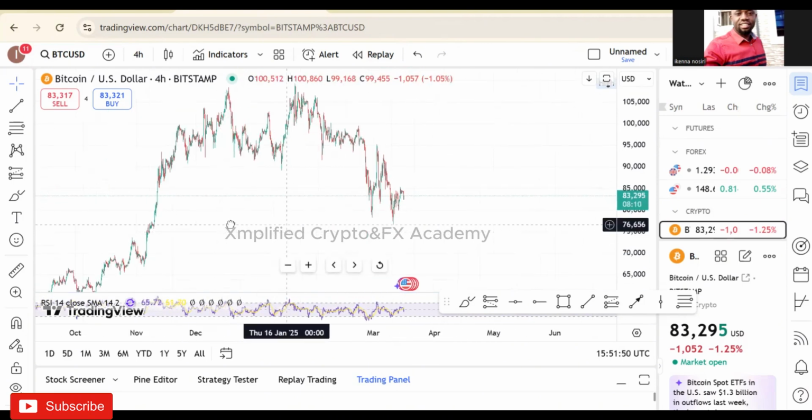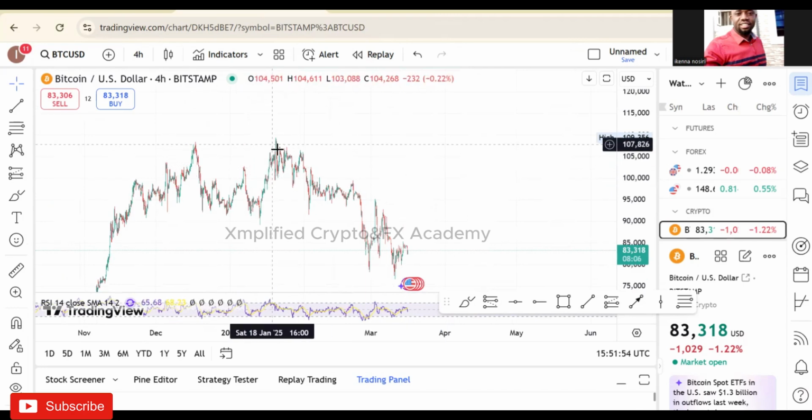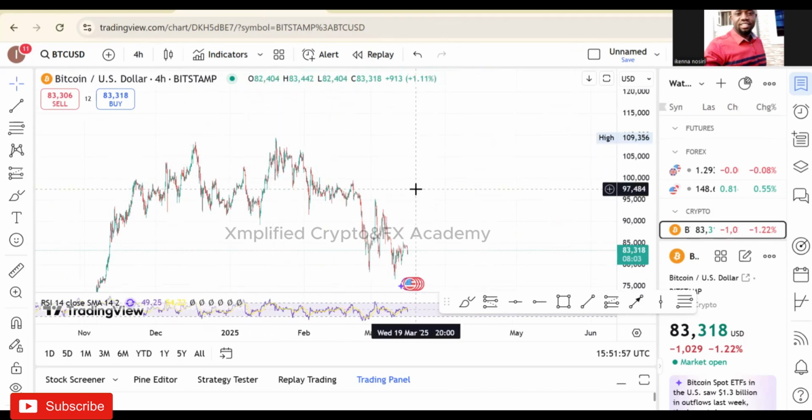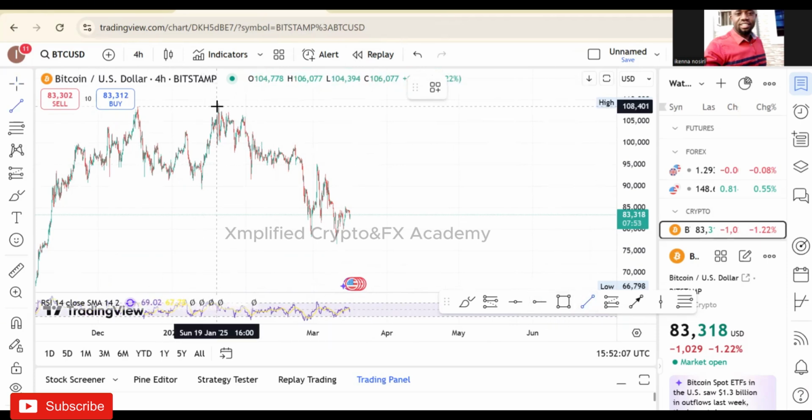First of all, let's draw a downtrend movement on this Bitcoin, so that we know how to go about it. There was a high. This is the high, right?